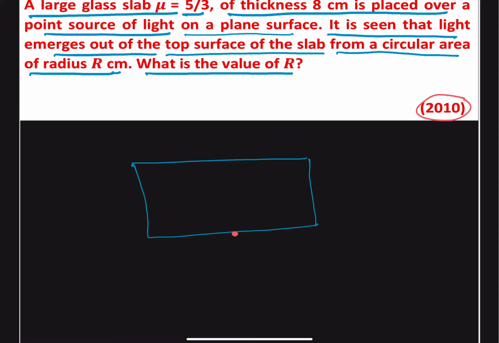So we can just draw the circular area in which we are going to get the light. This is the circular area through which we are able to get the light, and its radius is given as r.